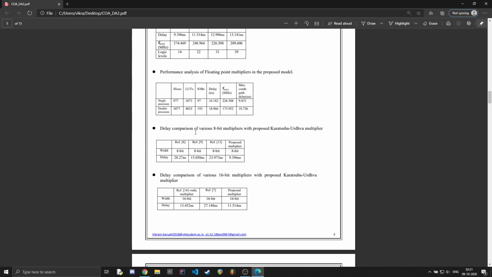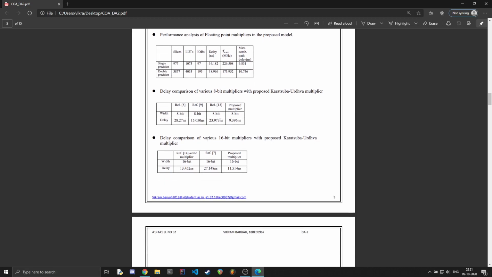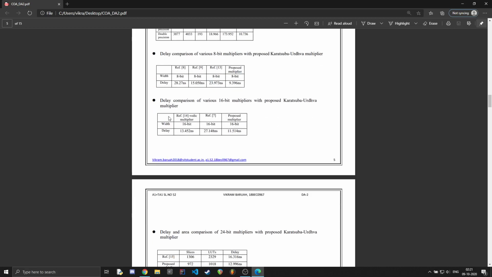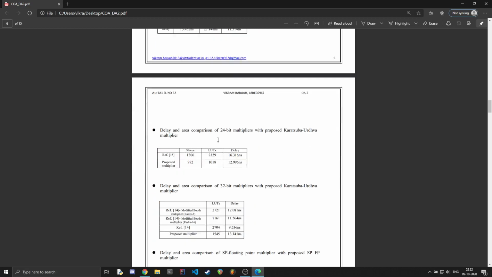Then we have the delay comparison for various 8-bit multipliers. For our multiplier we can see that the delay is very less, which means that our system is more efficient. And similarly for 16-bit, again we can see that the difference here is even larger than what there was between the 8-bit multipliers.